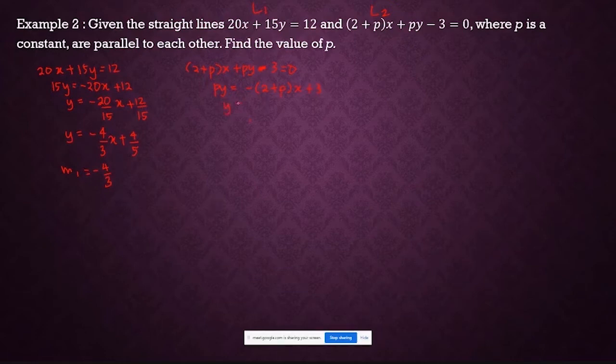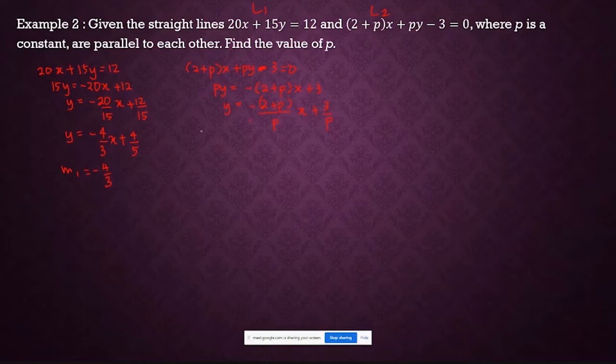Then y equal to, dividing by p, negative 2 plus p over p x plus 3 over p.